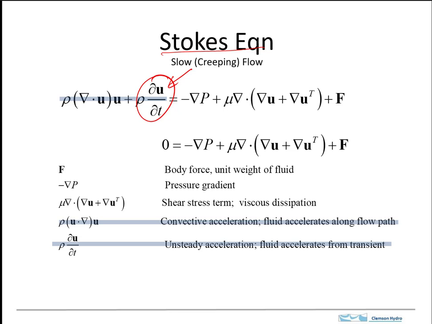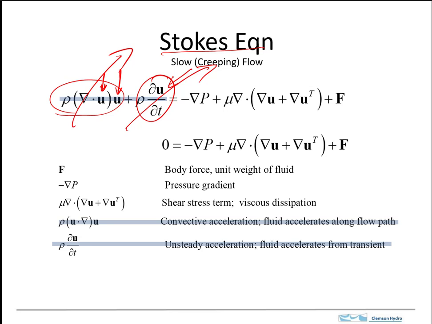So if it's very slow, then that's 0. And the convective term, if the flow is slow, you can think of this as a velocity times a velocity. So if the velocity itself is very slow, then you multiply velocity times velocity, and that will be small. That'll be second order, and so that is just set to 0.